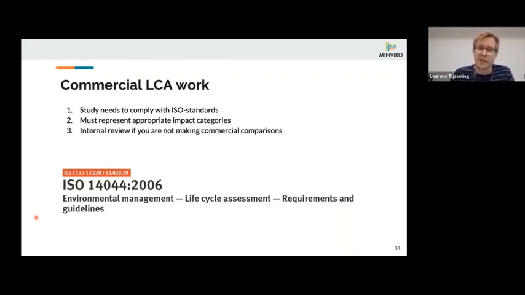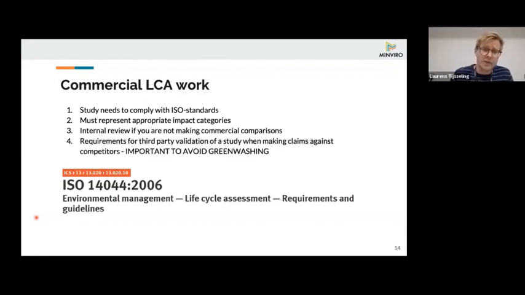If you're just using it for your internal calculations and you're not making any commercial comparisons, reviewing it internally is fine. However, if you want to make third-party claims against the data of your competitors, it's really important that you get third-party validation. That's, in our opinion, a necessary step to avoid greenwashing.